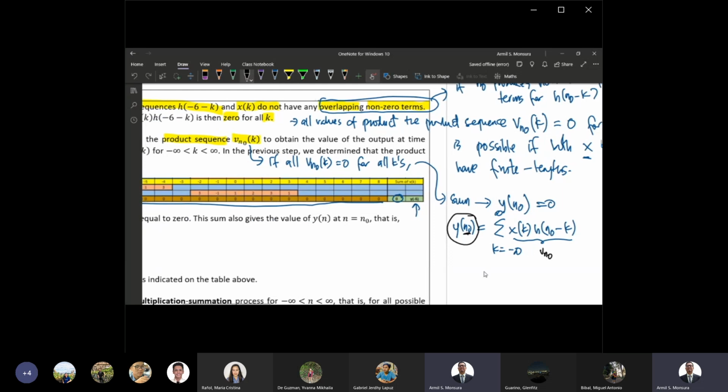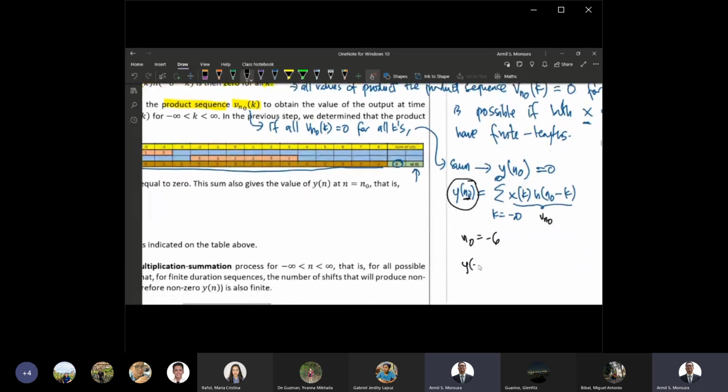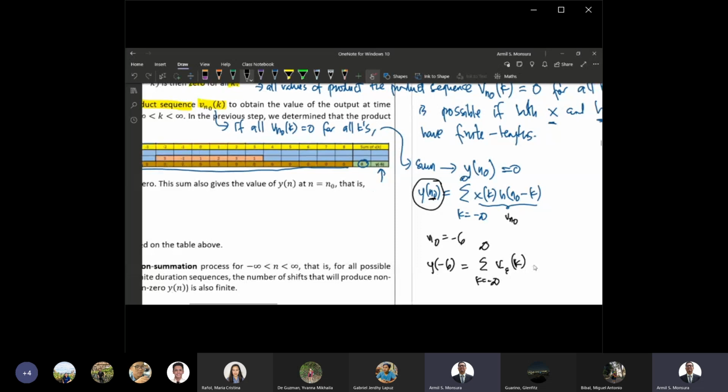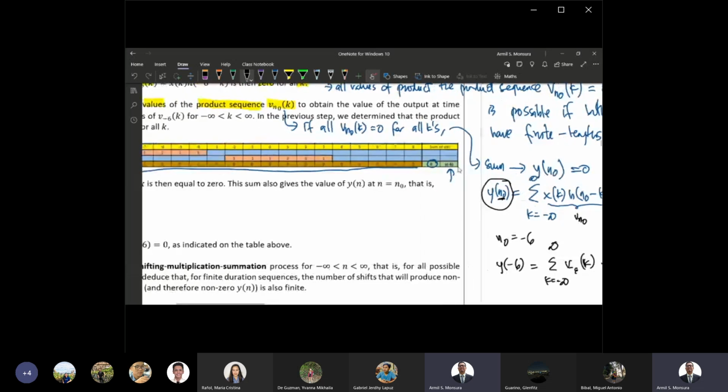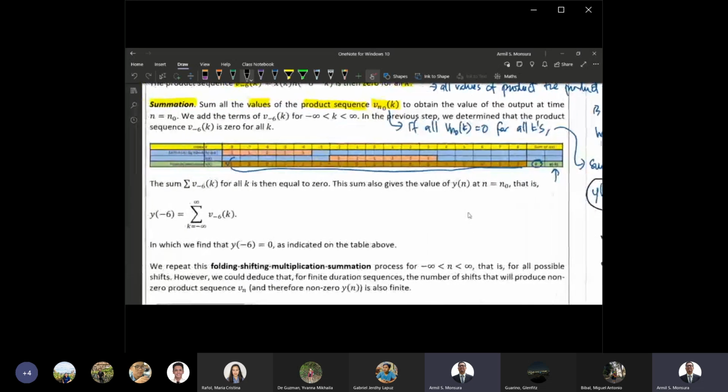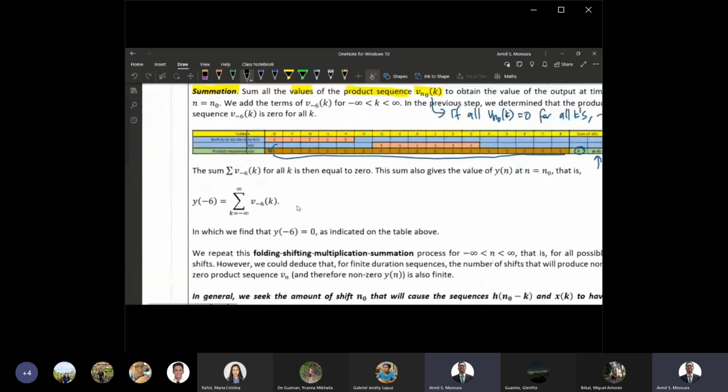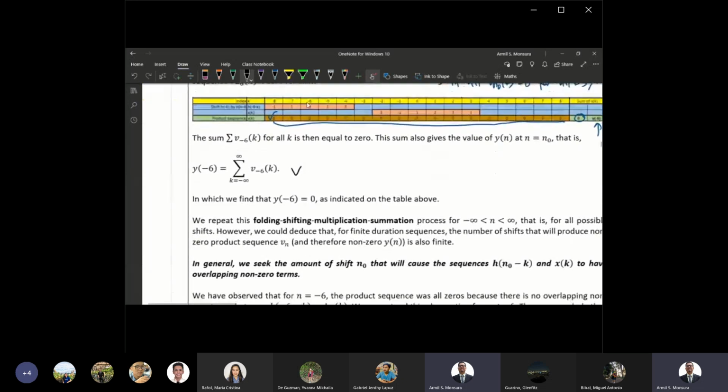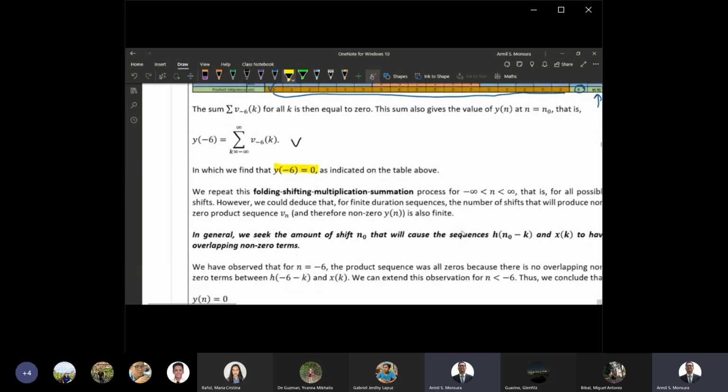So here, in this case, since ang n0 natin is negative 6, we're looking for y of negative 6, which is the sum of v negative 6 of k, for k equals negative infinity up to positive infinity. Which again, lumalabas, 0 siya. So therefore, yung y of negative 6 natin, 0. So we find that y of negative 6 is 0, as indicated in this table.